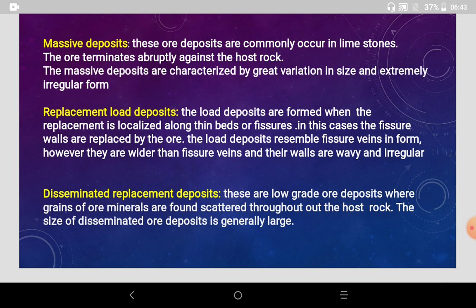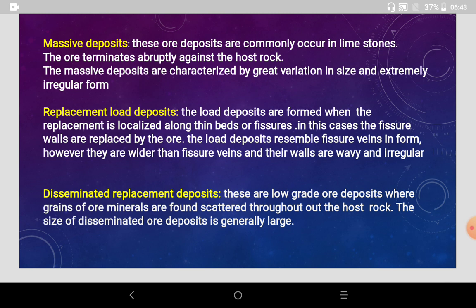The host rock is almost completely replaced and the ore shows abrupt ending against the country rock. The ore may retain the original texture and structure of the rocks it replaces.